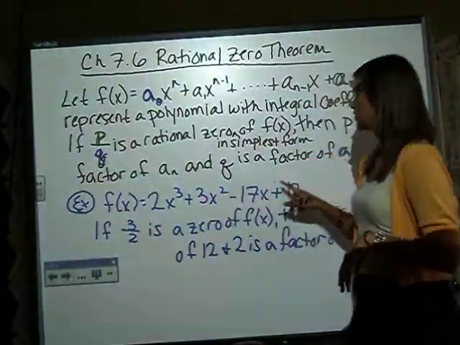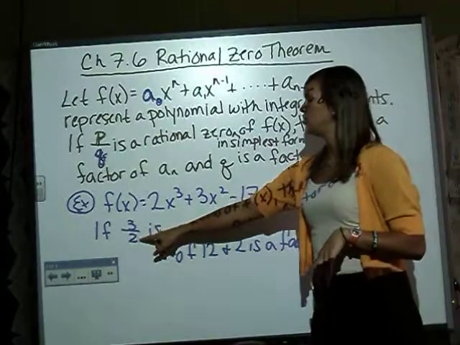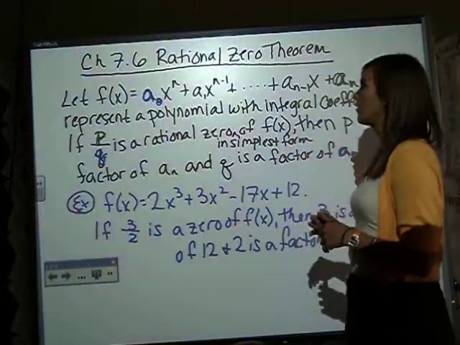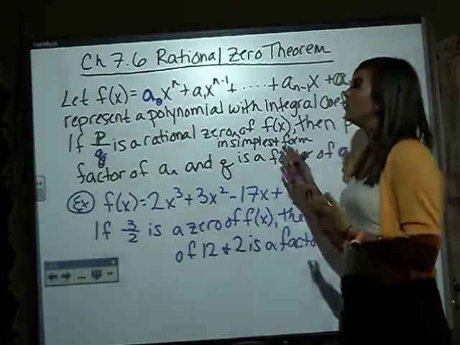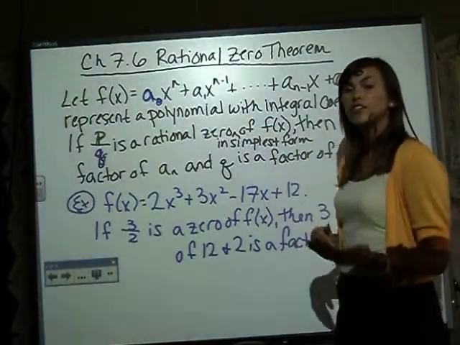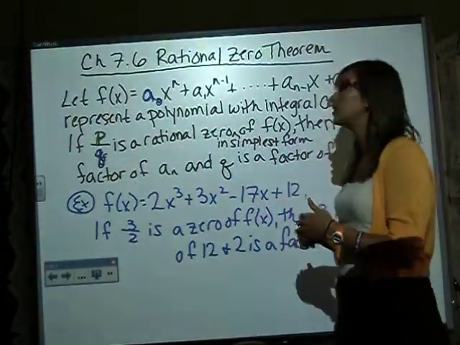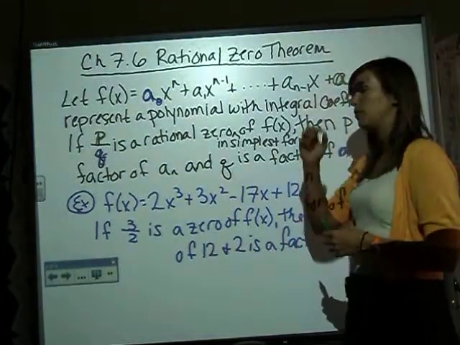So 3 is a factor of this constant, and 2 is a factor of 2. Okay? We are going to use this theorem sort of in reverse to help us when we want to find zeros given a polynomial.